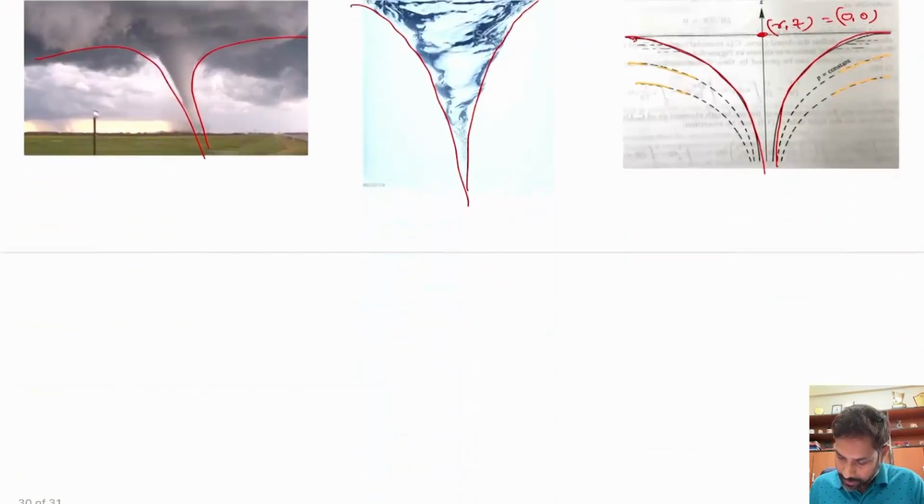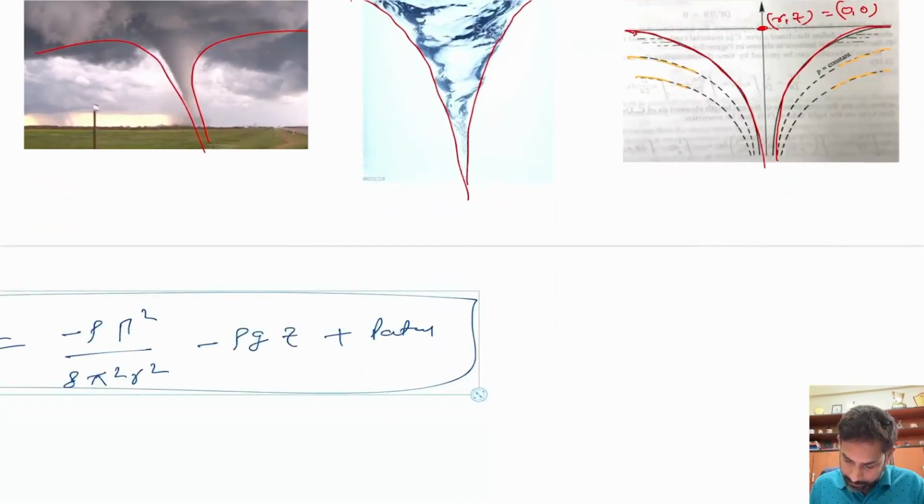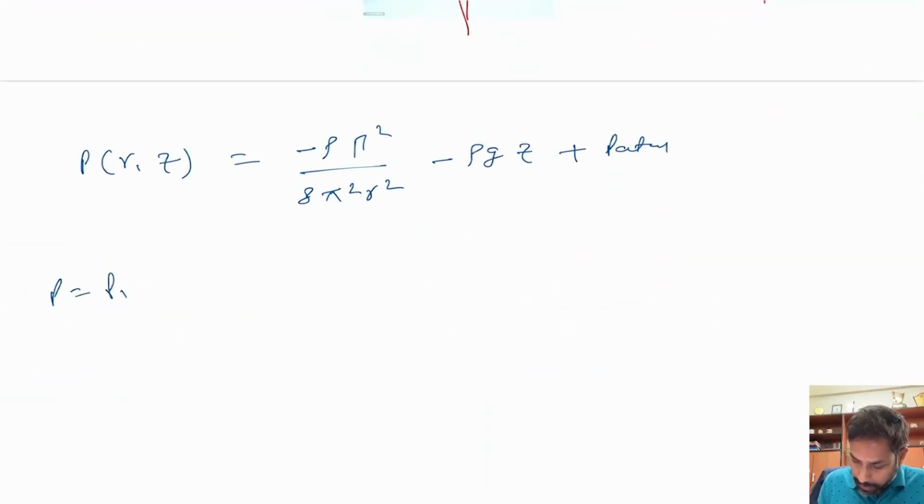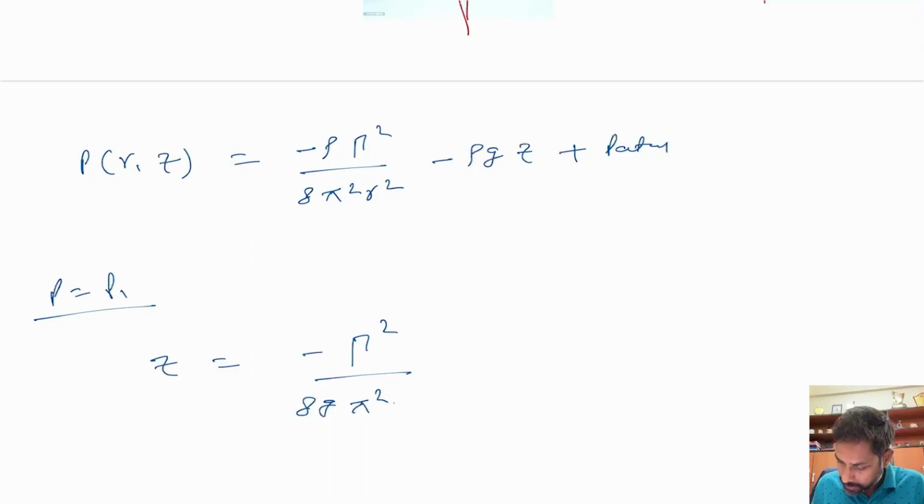So let's say, if you put P equal to P1, that is, let's say, a constant value, that will give you z as minus gamma square over 8g pi square r square plus P atmospheric minus P1 over rho g.